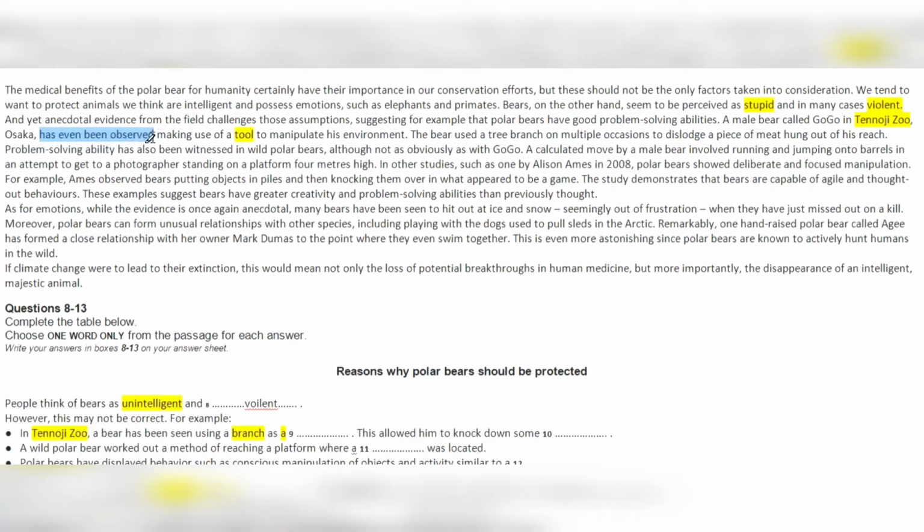A bear has been seen, has been observed, using a branch. They use synonyms; we cannot find the same word as it is. Making use of a tool, using a branch to manipulate his environment. So the answer is tool. We write the word tool here.